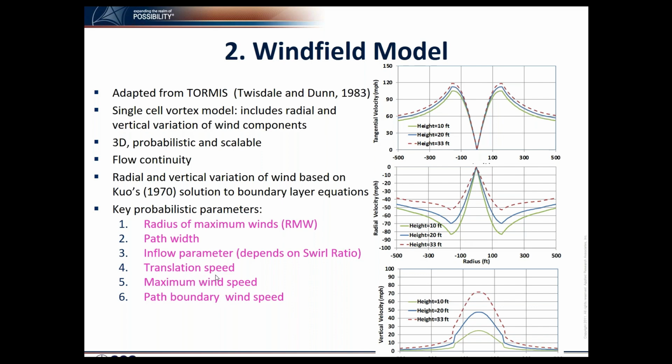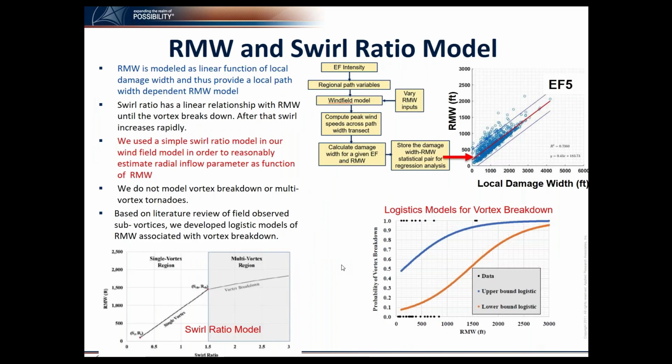So we also use a translation speed model, path boundary model, and maximum wind speed model for the wind speed model development. Here we developed the RMW model as a function of the local damage width. Mark talked a little bit about how we extracted the maximum damage width from the detailed tornado database.